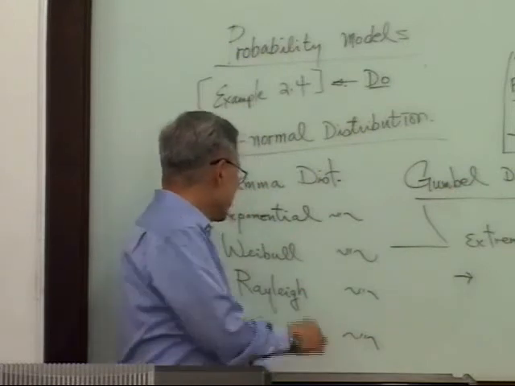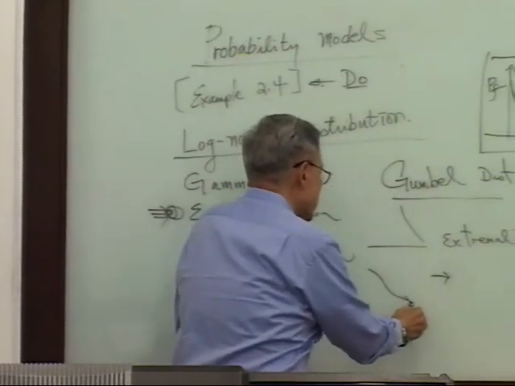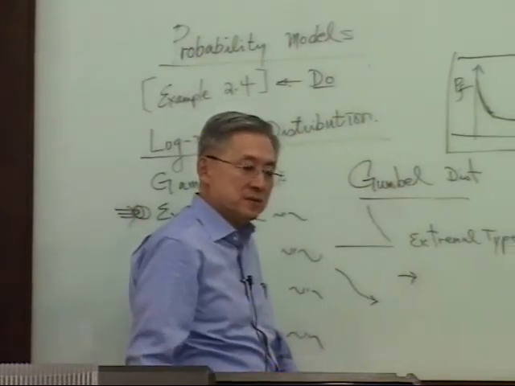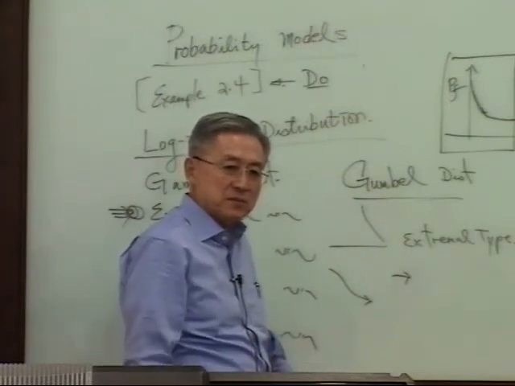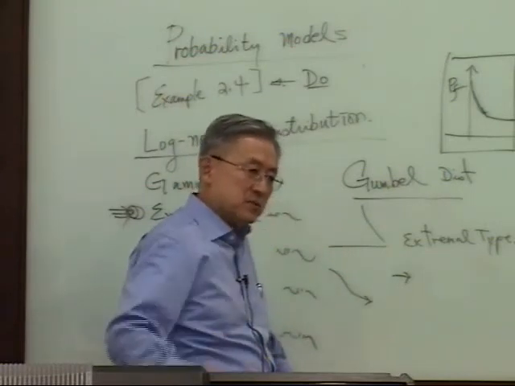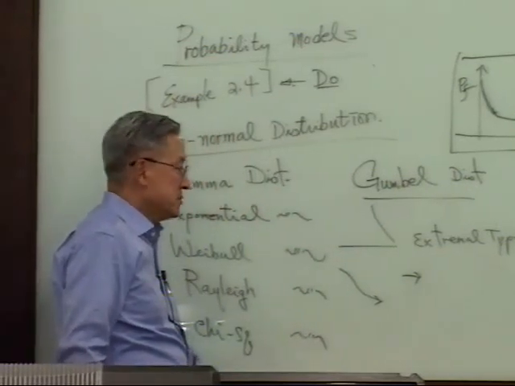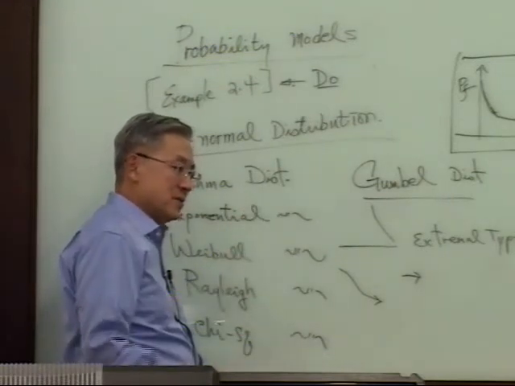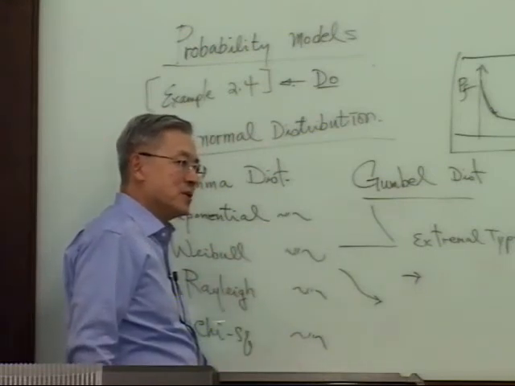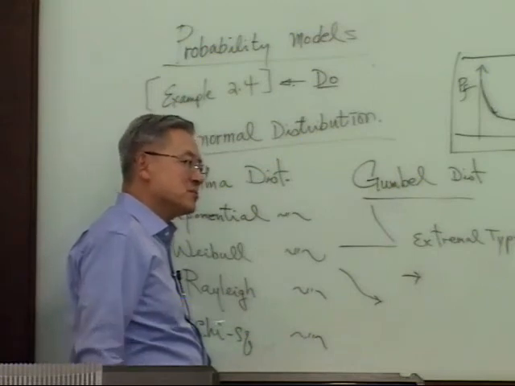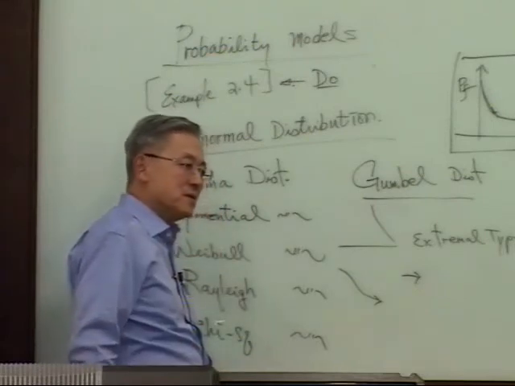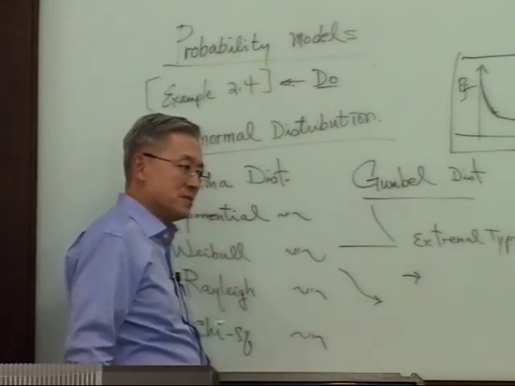And for the Weibull distribution, for gust wind, hurricane and typhoon type wind problems, it's a much better model to cast into the probability. That's what I call a mini bi-weekly, because it takes a little more time and more thinking you have to do. So that's why I called it that.